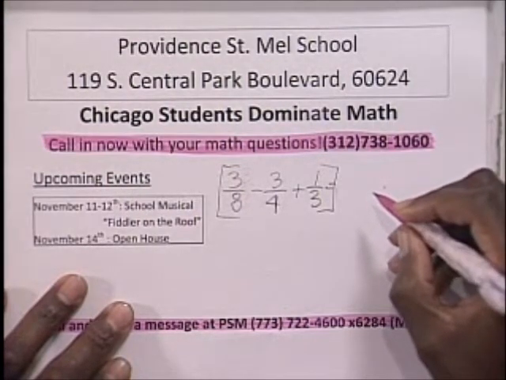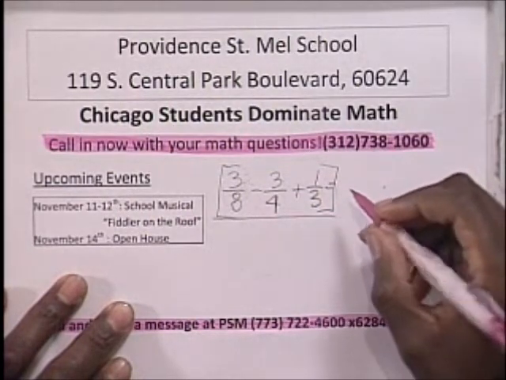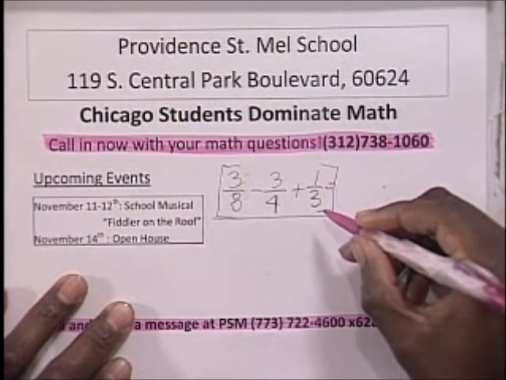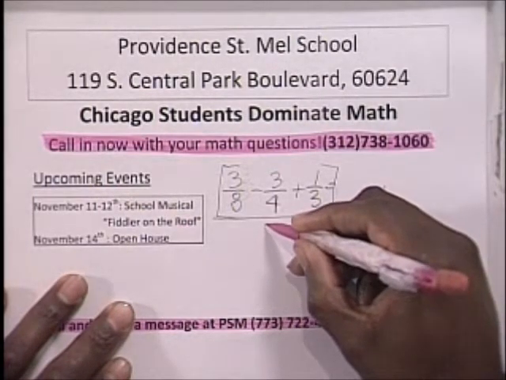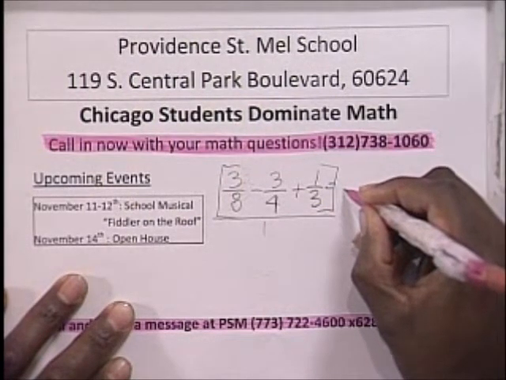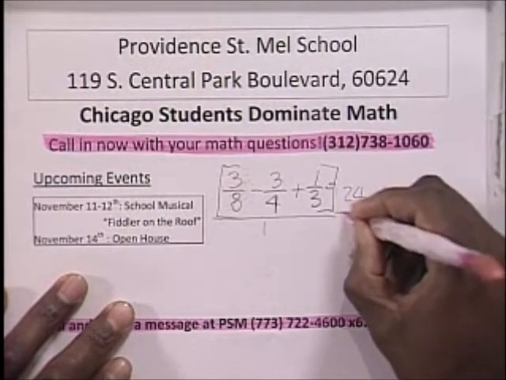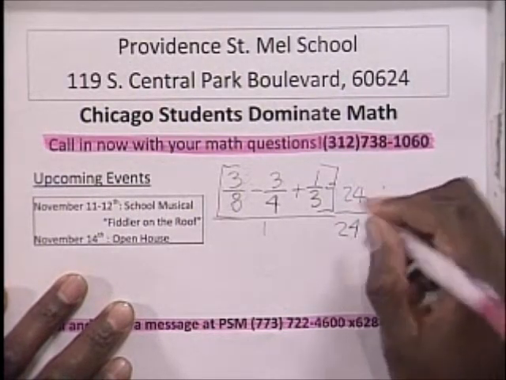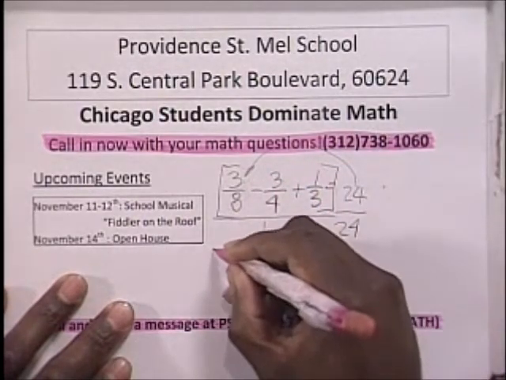I drew a line underneath the problem, and then 8 times 3 equals 24. Okay, let's multiply by the 1 that we had said. And now we put the 24 under the problem.